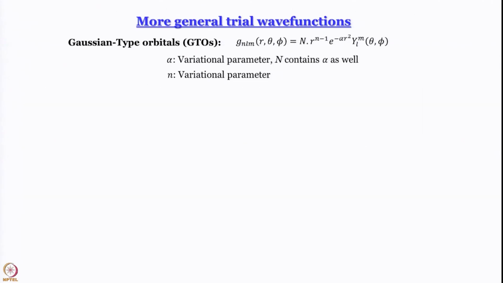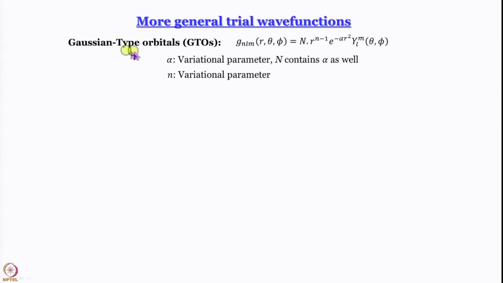The other kind of orbitals that I want to just mention here are Gaussian type orbitals. These are very important, and I have said it 2-3 times already, they are the starting point of computational chemistry in a big way. So much so that perhaps the most popular computational quantum chemistry program that is used worldwide is called Gaussian.